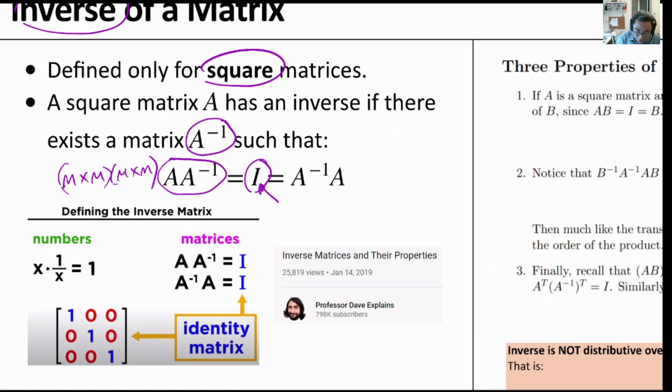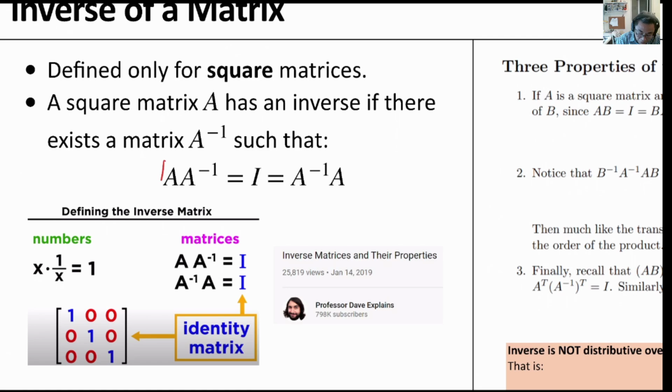The identity is of dimension m by m as well, and the identity, as you remember, is a matrix with diagonal all ones of appropriate dimension. In the bottom left example, m is equal to 3, so the identity matrix is a 3 by 3 matrix.